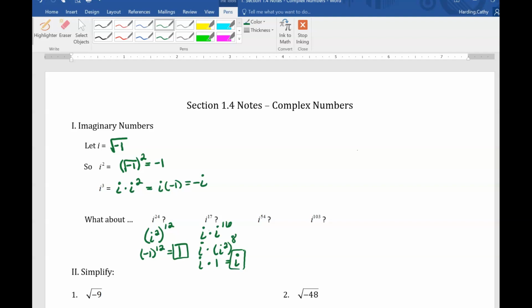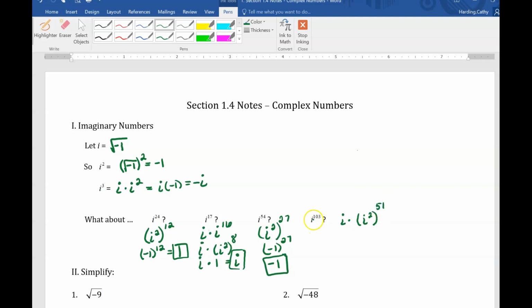How about i to the 54th? Well, this is an even number, so it's i squared to the 27th. -1 to an odd power is going to be -1. Now i to the 103rd. Remember what we did with that: i times i squared to the 51st.